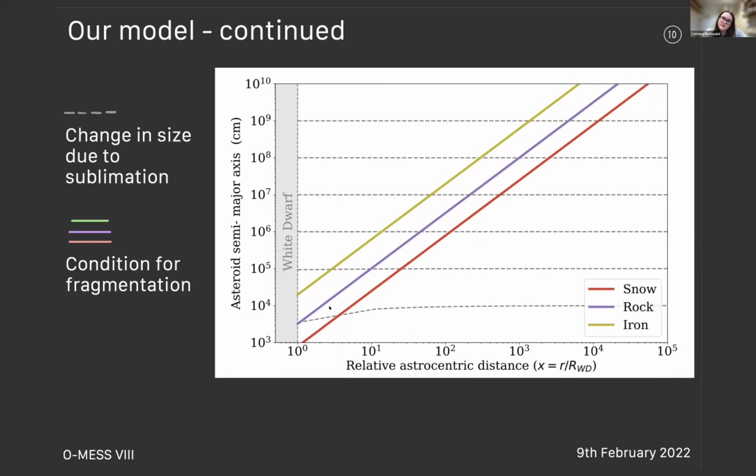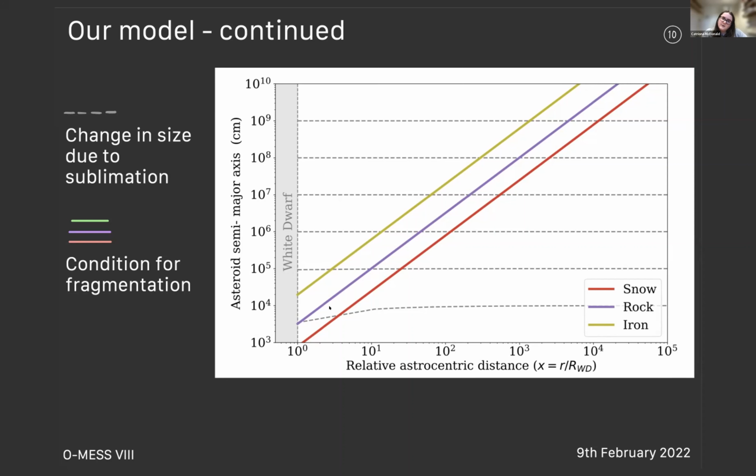So effectively where the individual Roche radius for this object would be. And so as the asteroid moves from right to left, if it crosses this particular condition at any point, that's when the object will fragment. And if neither of these conditions are ever met, then we get the impact onto the surface of the white dwarf.